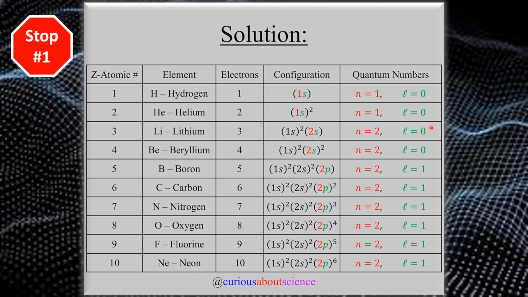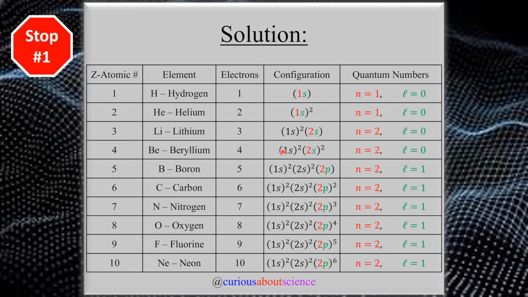And s tells us we're still in the case of the orbital angular momentum number being 0. The difference is that with these two, we had ms being plus 1/2, minus 1/2, and it works and completes the singlet state. In the case of lithium, we only have 3 electrons, so if you add up the powers, we have 2 here, 1 here, and we get the 3 that we need.